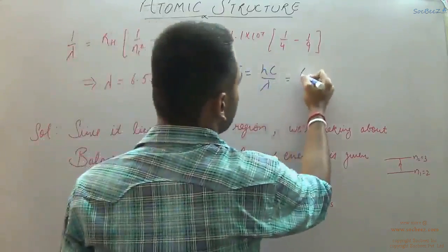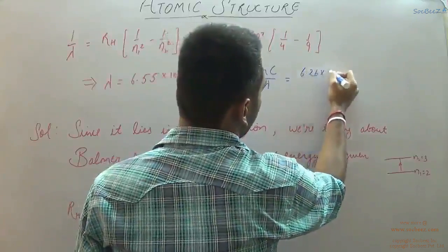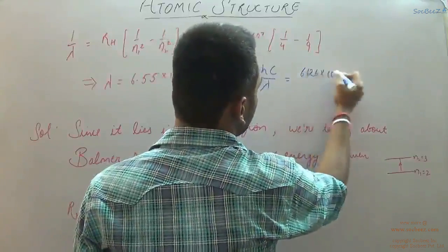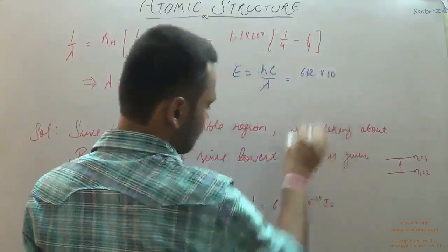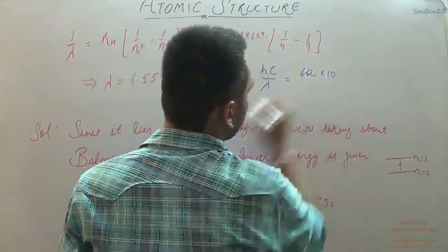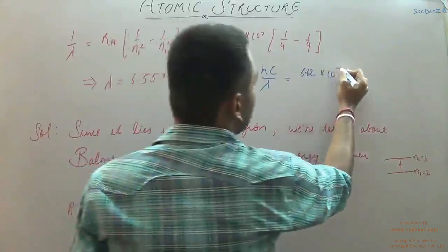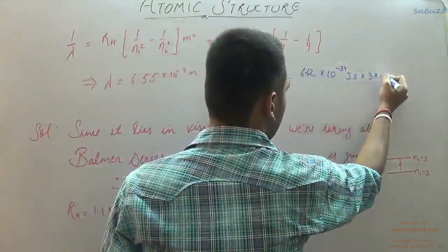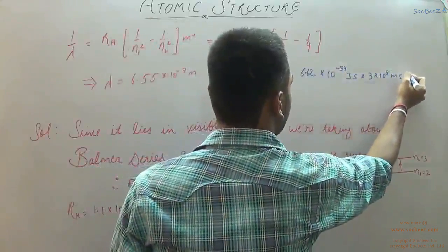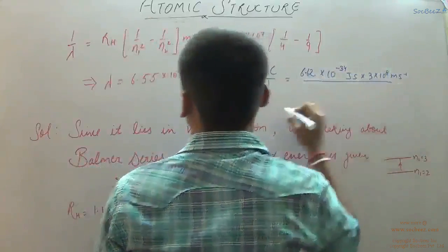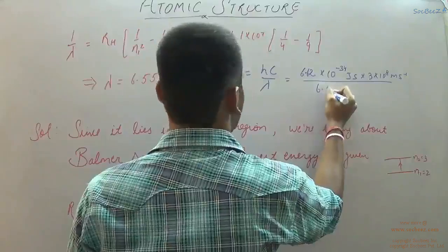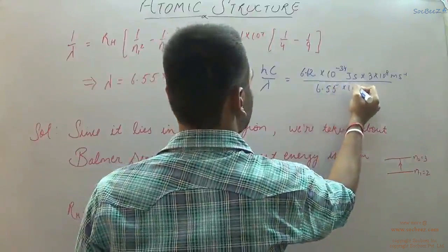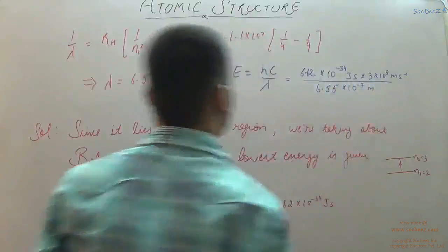This will be 6.626, or here in this question it is given to take the value of h as 6.62 into 10 raised to the power minus 34 joule second, into 3 into 10 raised to the power 8 meter per second, divided by 6.55 into 10 raised to the power minus 7 meter.